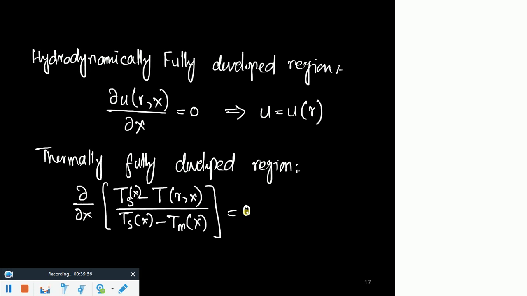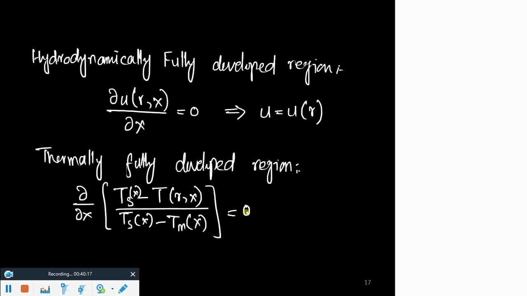Now the point is, what would be the behavior of the friction coefficient or convection coefficient in the fully developed region? I told you we are most of the time interested in the fully developed region. Why? Because entrance regions are generally very small and we just disregard the effects of the entrance region.